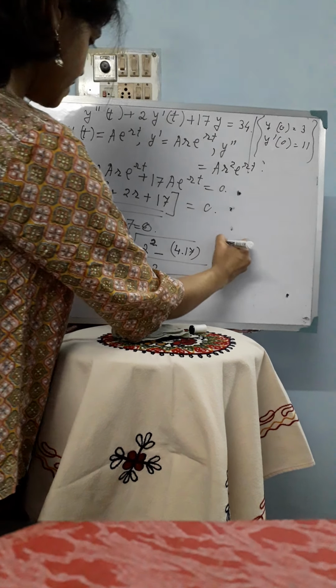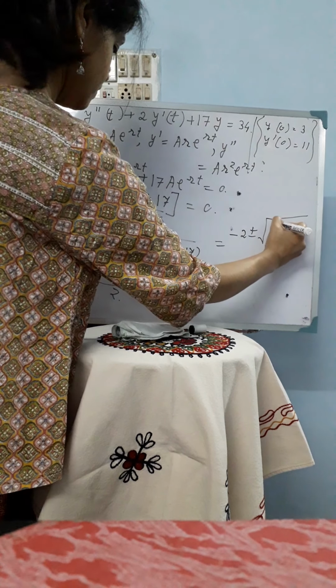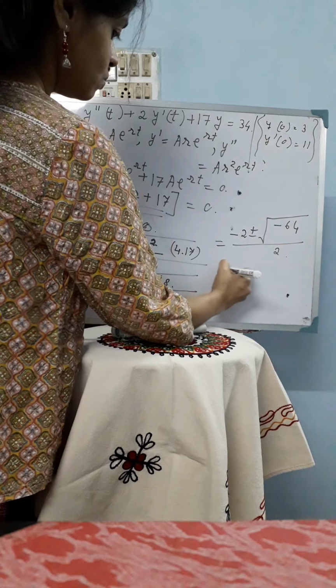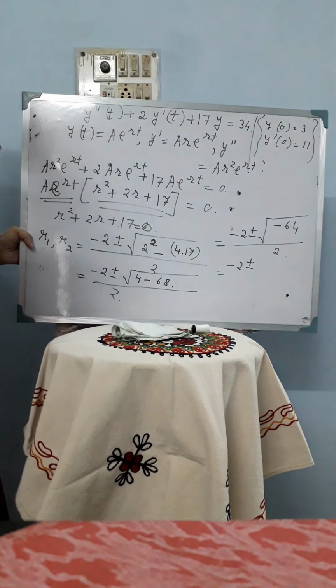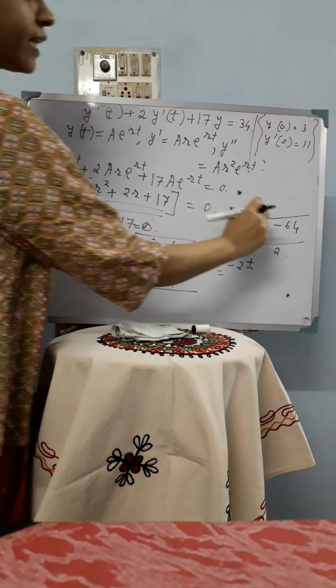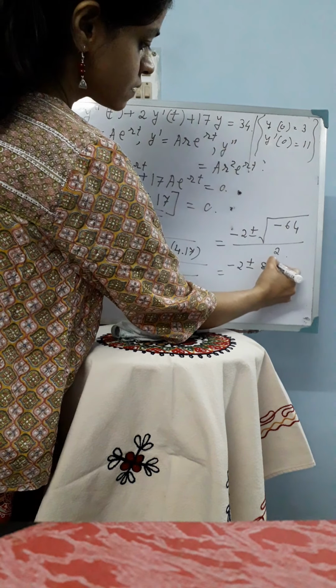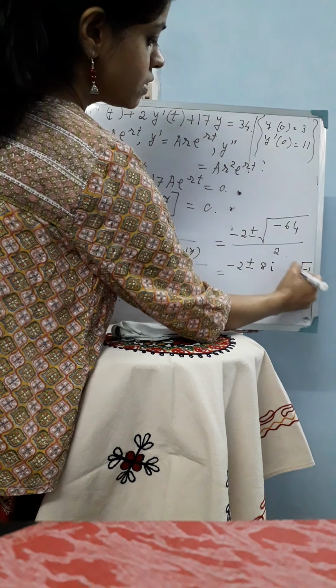So from here we are getting minus 2 plus minus root of minus 64 divided by 2. Now root 64 is equal to 8, and there is root over minus 1, so this is 8 into i, where i is equal to root over minus 1.